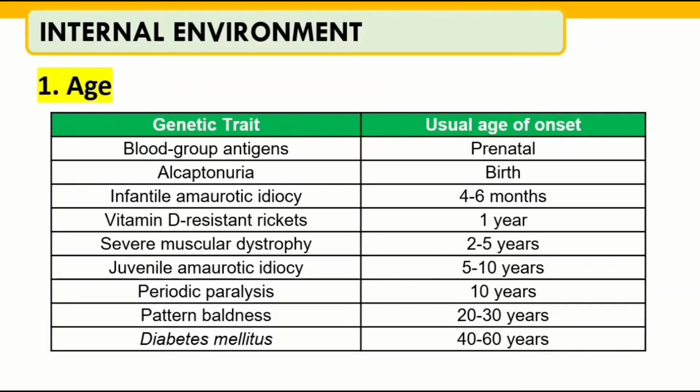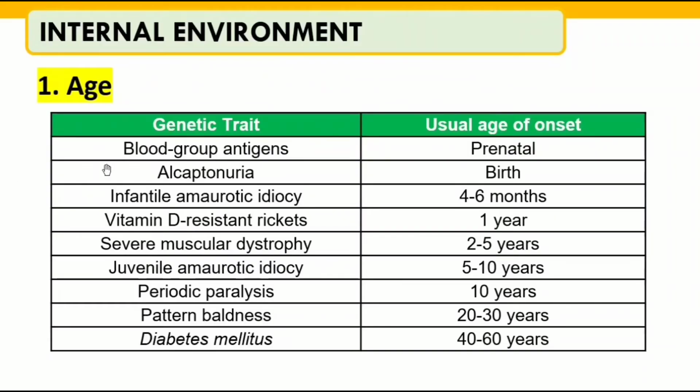Okay? So, yung, say for example, we have here alkaptonuria. Napapakita na siya even at birth. So, this is already expressed at birth. And then yung diabetes mellitus, this is usually expressed from age 40 to 60 years old, and so on and so forth. Yun lang yung ibig sabihin ng age.